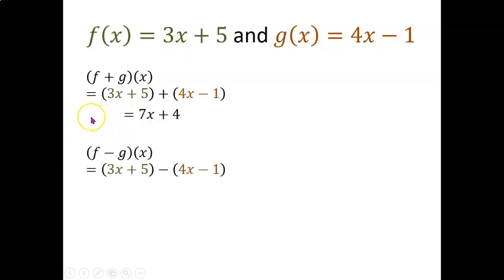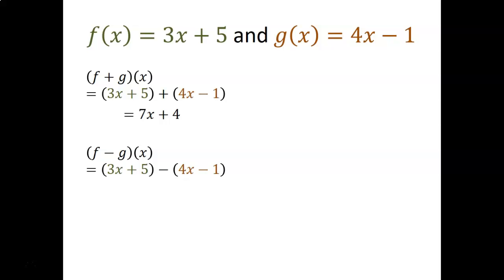f minus g of x would be if we take f, which is 3x plus 5, minus g, which is 4x minus 1. Now be careful, don't forget we are subtracting that whole thing. Don't forget to subtract the minus 1 part. A common mistake I see people make is they go, okay, it's minus 4x and it's minus 1. No, it's minus 4x minus 1, which means it's minus 4x and it's minus 1.